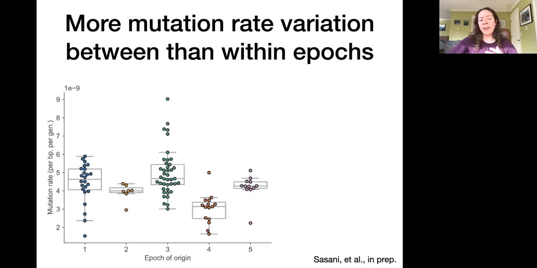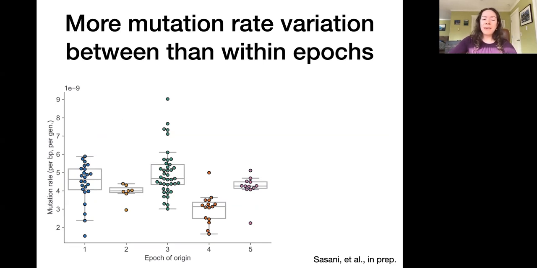And so to calculate the mutation rate of each BXD strain, we just took the number of homozygous singletons divided by the generations of inbreeding, which has been recorded by the mouse caretakers, and then divided by the size of the accessible genome. So the size of the genome minus the regions masked due to repeat content and quality issues.